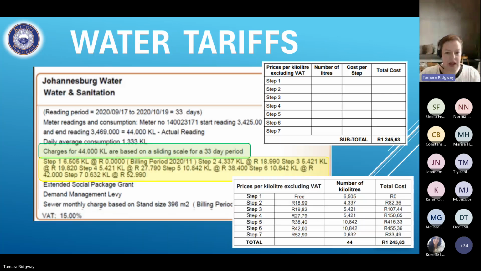And then the last one, so this is an actual tariff table from a bill. This is the water and sanitation. And this, again, is just like Norma and some others were saying in the comments. I think it is important that students know their municipal bill.